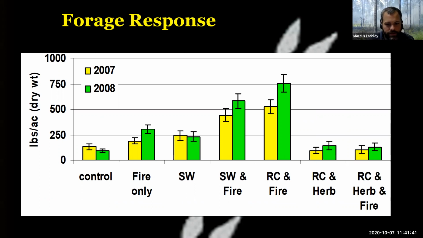This stands for herbicide. So it's basically showing that if we go in with a site prep to try to kill the unwanted plant species, we reduce the amount of forage available for deer. But you can see that same process, canopy reduction with fire, has a really big positive impact on this metric.